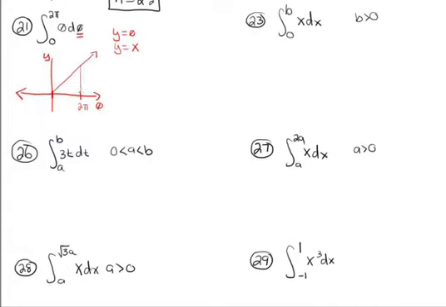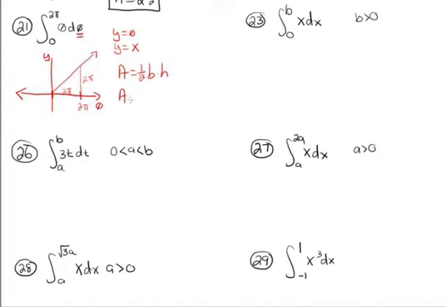And so we have a triangle. The base length is 2 pi, just a number, and the height is what we get when we plug in 2 pi to the function y equals theta. So when I plug in 2 pi, I get 2 pi. So the area equals 1/2 base times height.